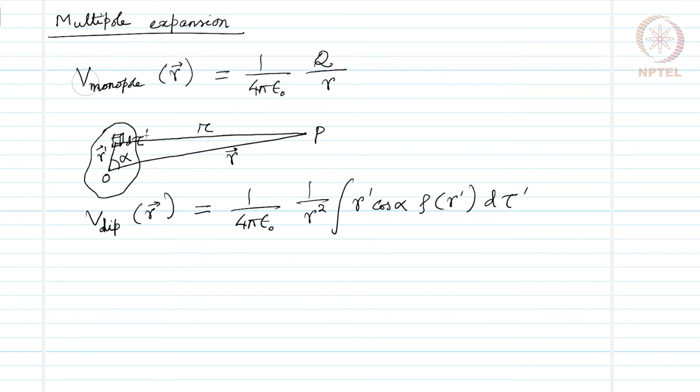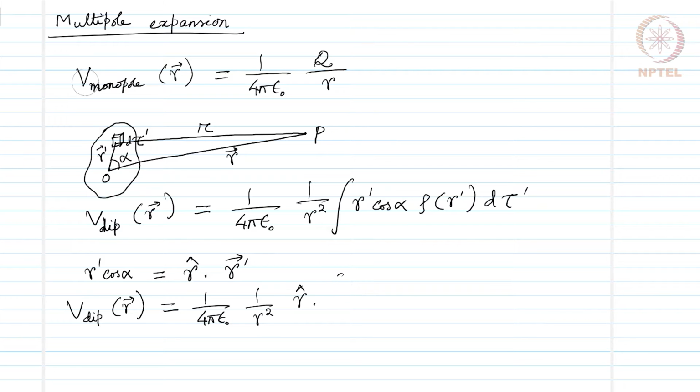So, this is d tau prime actually, where r prime cosine of alpha is nothing but r cap dot r prime vector. Then V dipole, the potential due to this dipole, is simplified to 1 over 4 pi epsilon naught, 1 over r squared, r cap dot r prime rho r prime d tau prime.